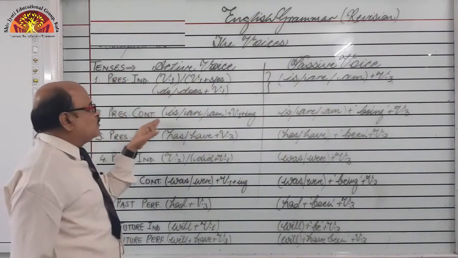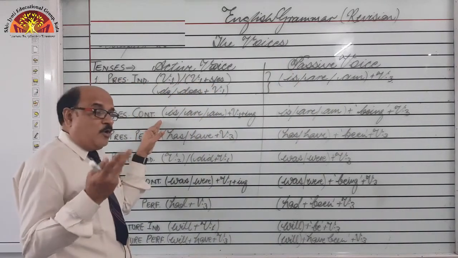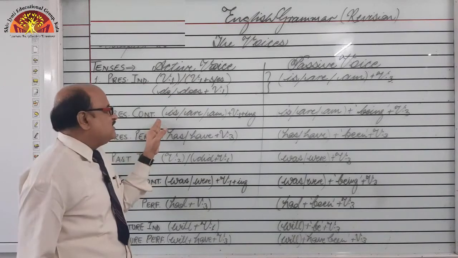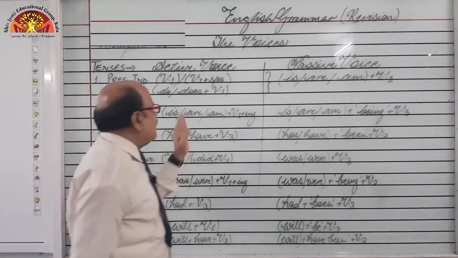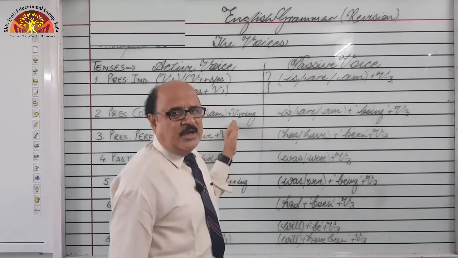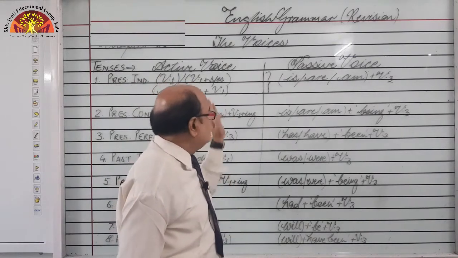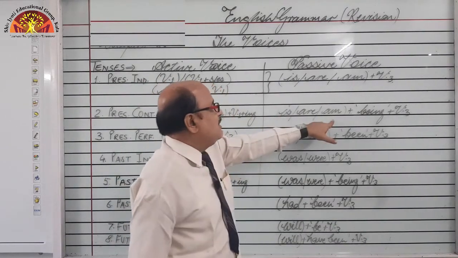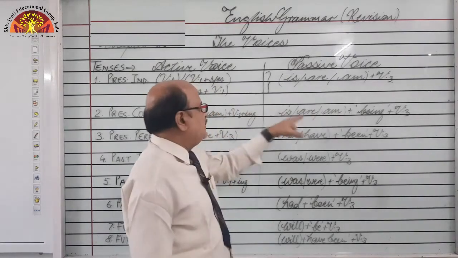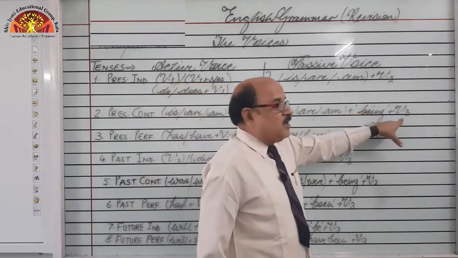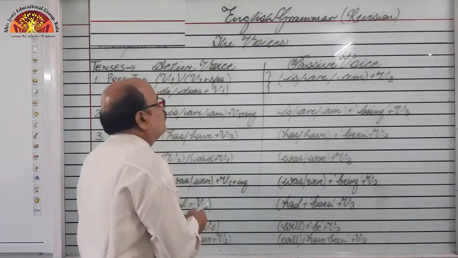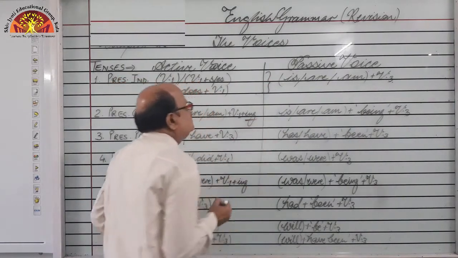If it is present continuous tense, meaning something is going on at present, then is, are, am plus V1 ing will be there in active voice. But in passive voice, is, are, am remain as they are, along with the verb's third form. But what to do with this ing form?